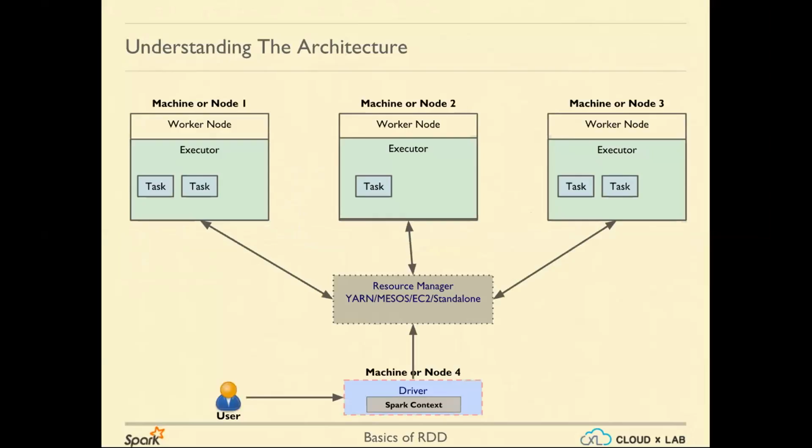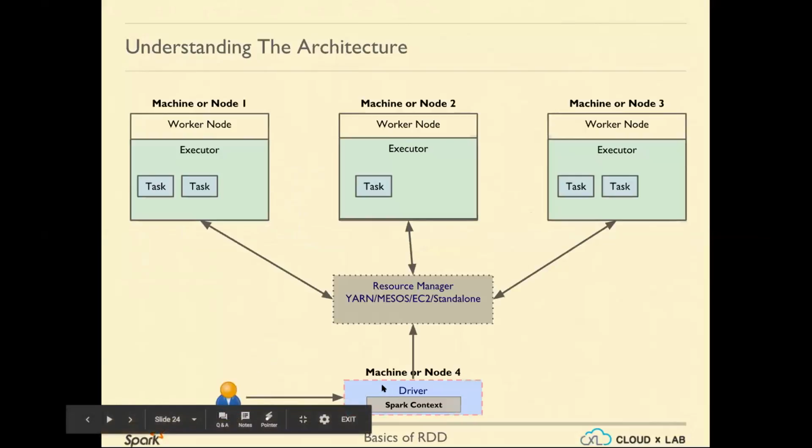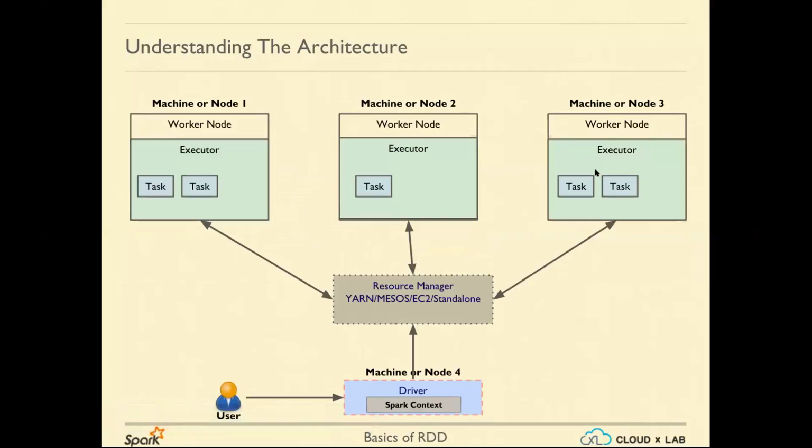All right. So whenever we are executing a task, the driver talks to the resource manager, and these are the tasks that are being executed on the executors. There could be thousands of machines, and these tasks could be processing in parallel. You could be running map, reduce, or flat map.